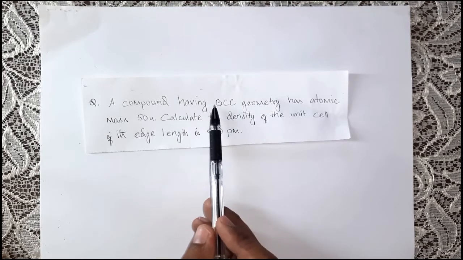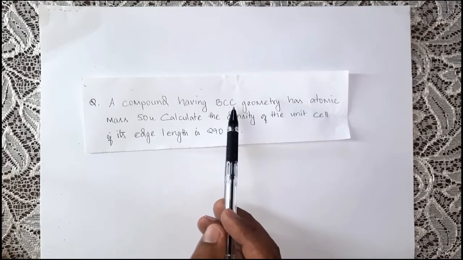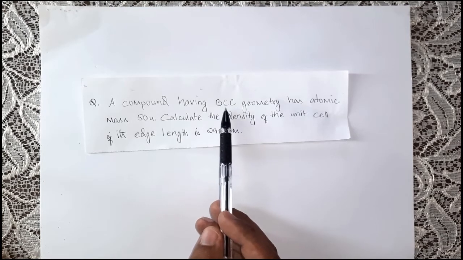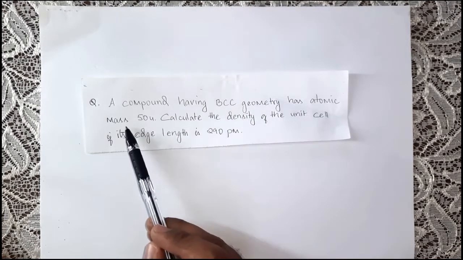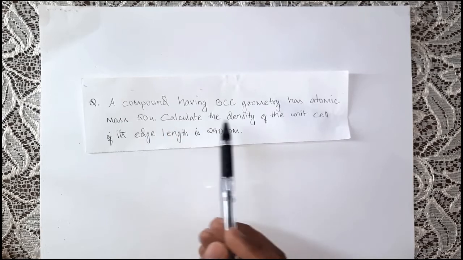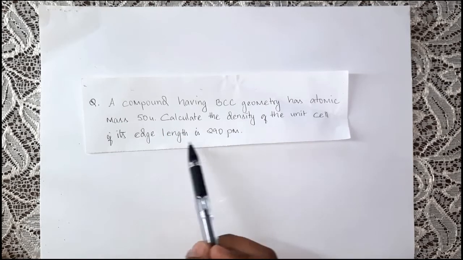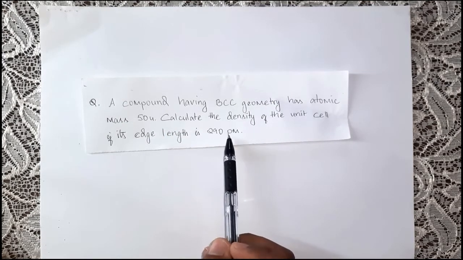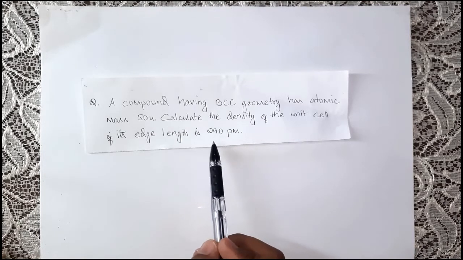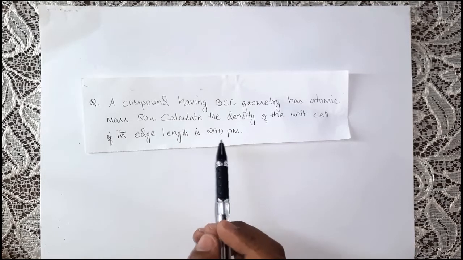Out here the structure is BCC, so Z will be 2. We have atomic mass, which is M, 50. We are supposed to calculate the density, and A is 290. They haven't given you Avogadro's number, so you need to know Avogadro's number.